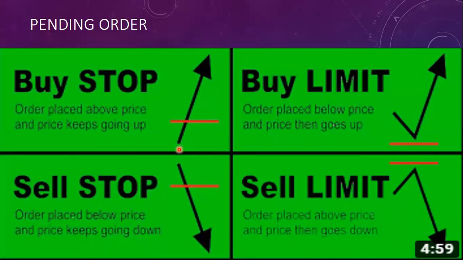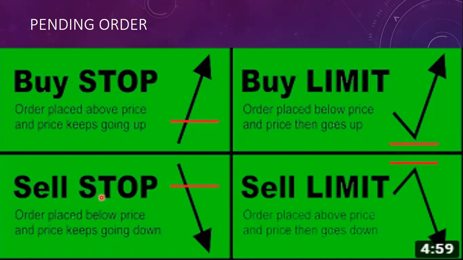It means the price will go up, up, up. When the price arrives at this area, sure, it will continue. So I will get a buy order here, and it is called buy stop. Buy stop.